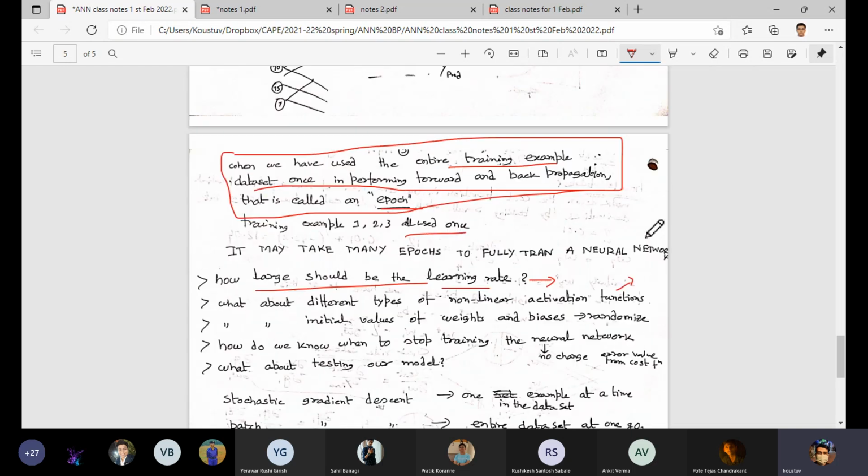So it goes like this. Multiple times it checks the error, going down the hill until it finds a minimum.